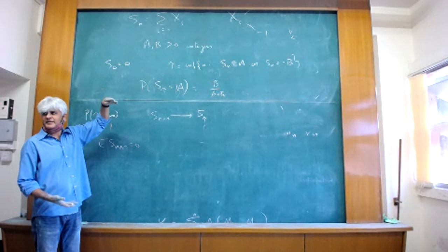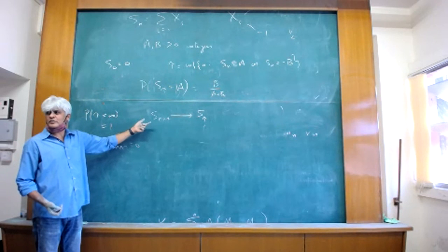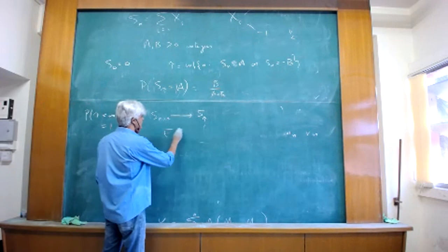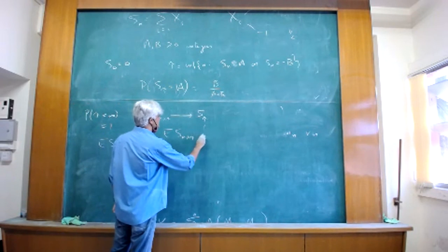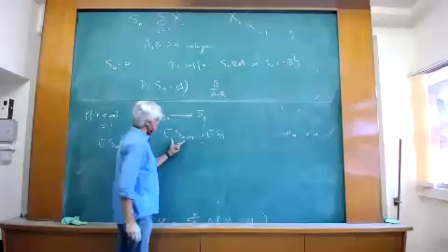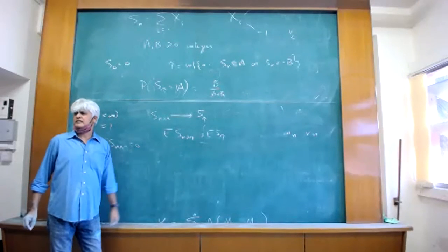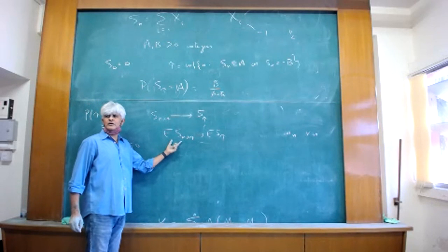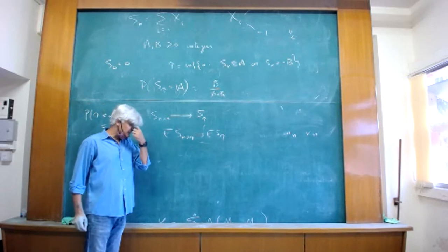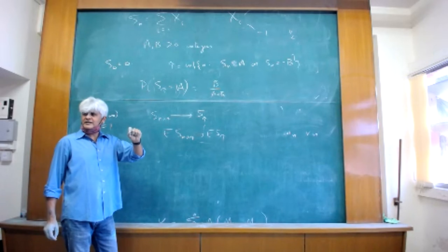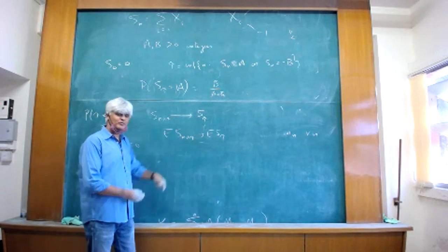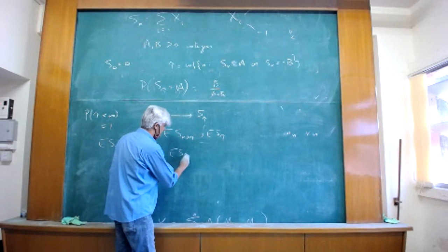It's dominated till that time, so I can use dominated convergence. Because the random variable is dominated, I get E of S n min tau converging to E of S tau. But what is the left-hand side equal to? This is always 0. It is equal to E of S0 min tau, which is S0, which is 0. So this is always constant. If a sequence of constant numbers is converging to something, then that something also has to be the same constant. So this is a roundabout way of proving that E of S of tau is equal to 0.